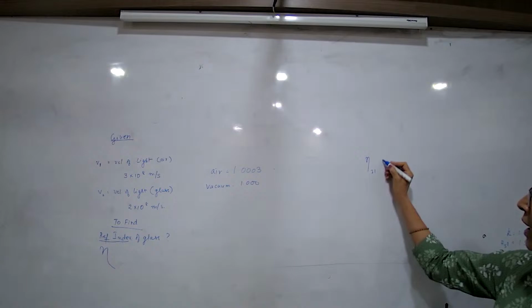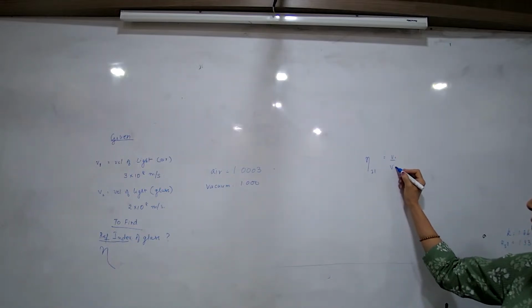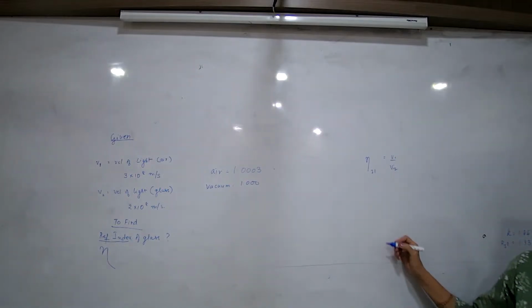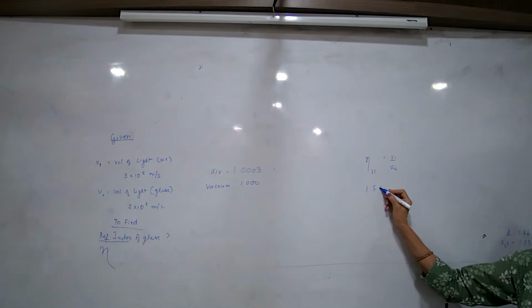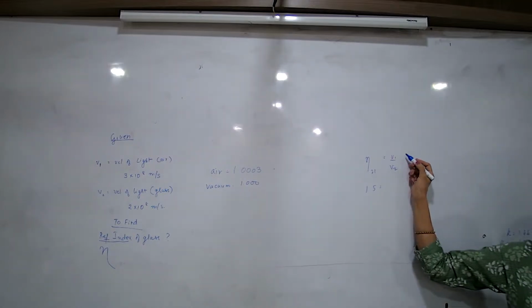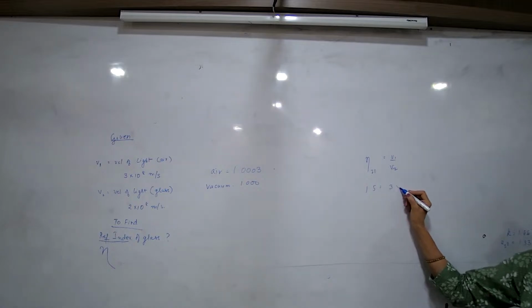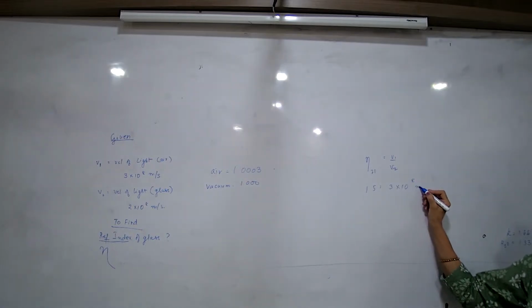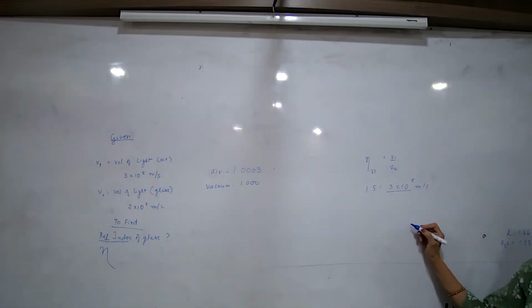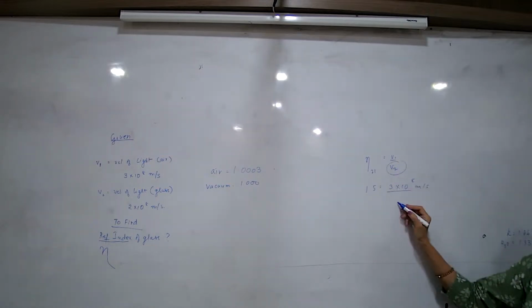Mu of 2, 1 is equal to V1 divided by V2. What is given? 1.5 is given here. Okay. Do we know V1? Yes. What is V1? Correct. Meter per second. What should we find out? We have to find out V2.